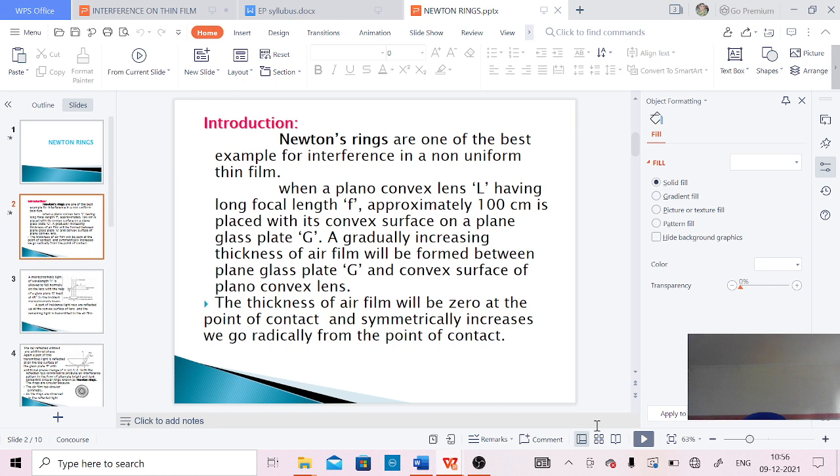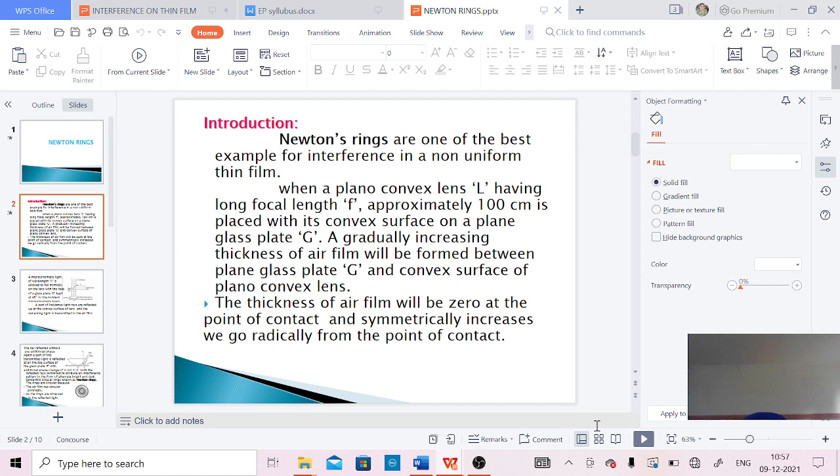A plano convex lens L having a long focal length f, approximately 100 centimeters, is placed with its convex surface on a plane glass plate G. We have convex lenses and concave lenses, but here we consider a plano convex lens. So for the Newton rings concept, we consider a plane glass plate and a plano convex lens.